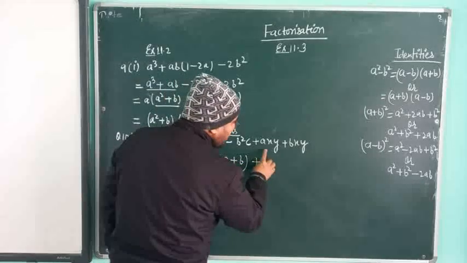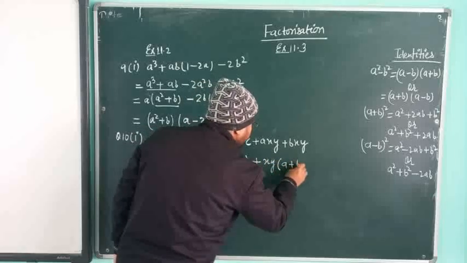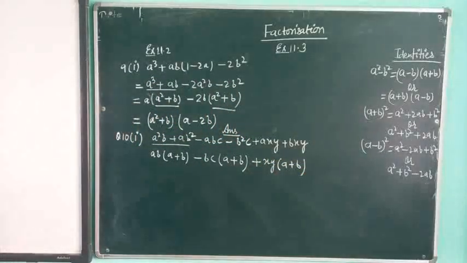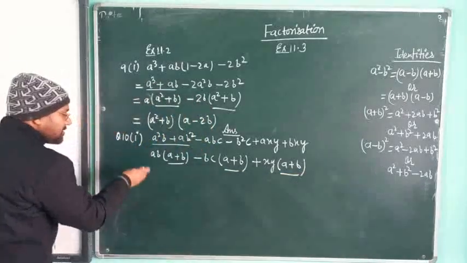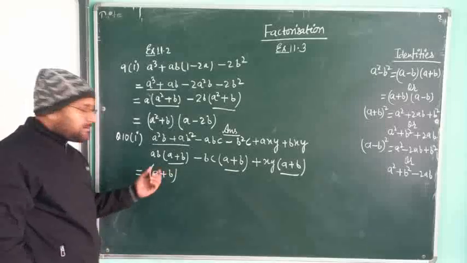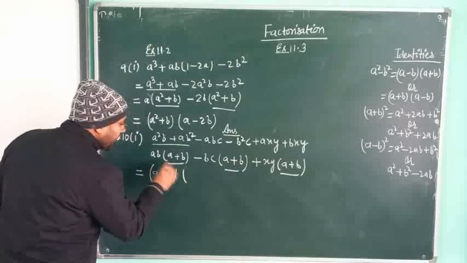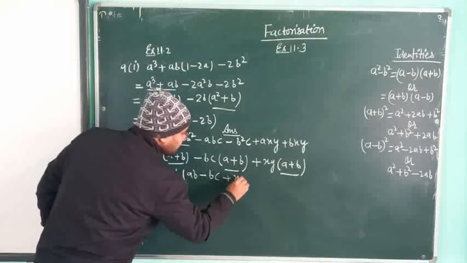Plus axy: xy I have taken as common, so a plus b is remaining there. So a plus b is common in all 3 terms. So I can take this a plus b as common. What is remaining here? ab, here minus bc and plus xy.